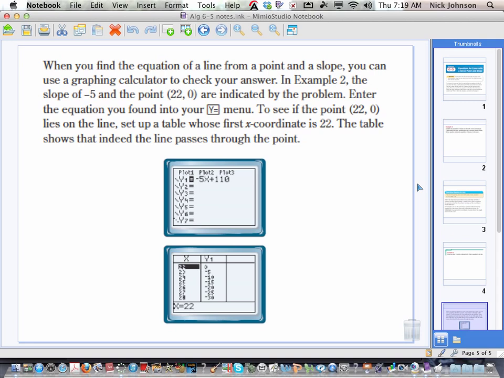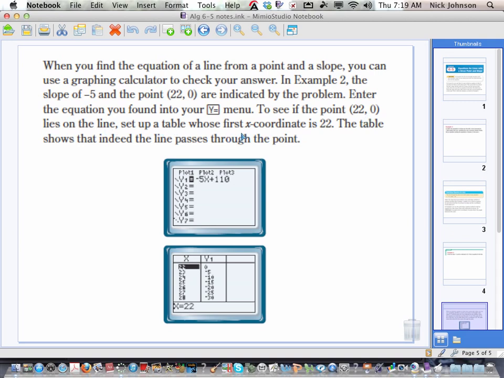It says when you find an equation of a line from a point and a slope, you can use a graphing calculator to check your answer. In example 2, the slope of a negative 5 and the point 22, 0 are indicated by the problem. Enter the equation you found into your y equals menu. We've all done this before, okay? We had to put it in slope-intercept form in order to put it in our calculator. We've already done this. Negative 5x plus 110.